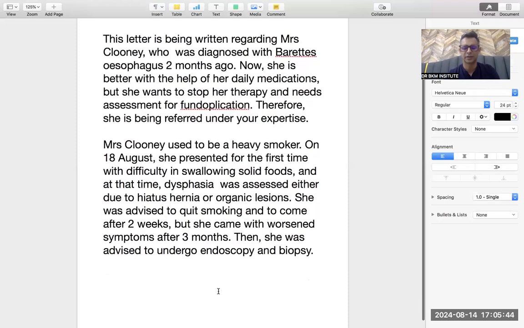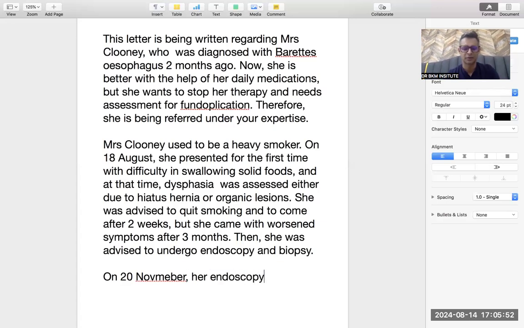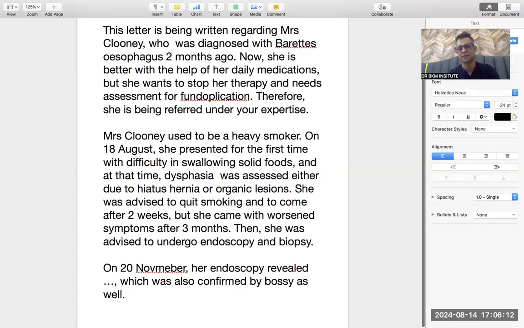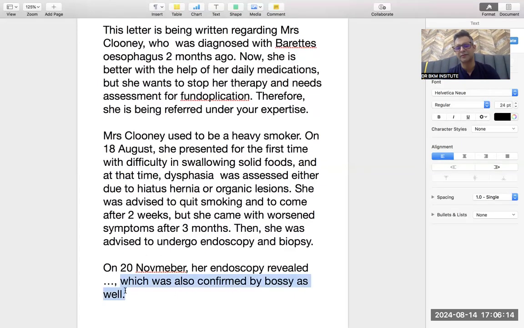Now simple, on 20th November, her endoscopy revealed this, which was also confirmed by biopsy. Because they were saying consistent, it means endoscopy also said the same, and this was confirmed by biopsy as well. Now this is English. I have used the connector and made two lines together, which was also confirmed by biopsy as well, in passive voice.